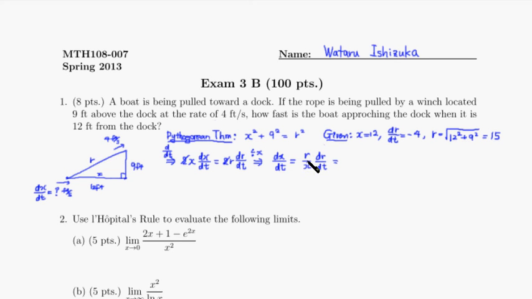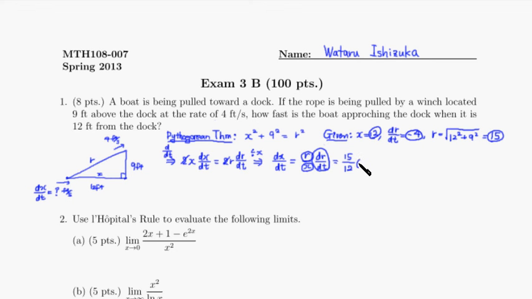Luckily we know everything about these. r is 15, so I put that up here. We know x is 12, so 12 right there. dr over dt would be -4 right there.